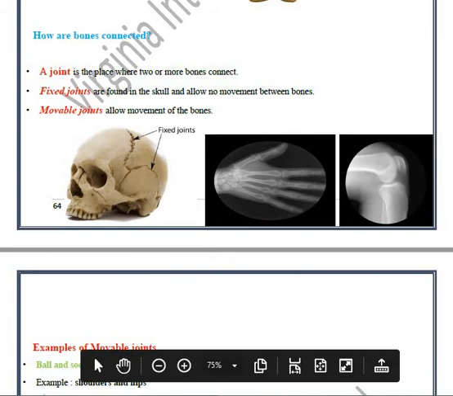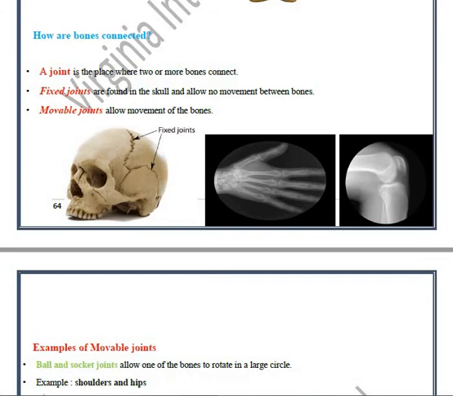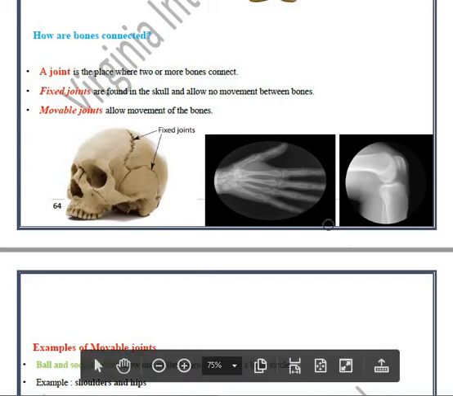We have joints. The joint is the place where two or more bones are connected together. We have fixed joints and movable joints. The fixed joints are the ones found in the skull, and they allow no movement between the bones. Okay? While the movable ones allow movement of the bones. They are not fixed, they are movable.